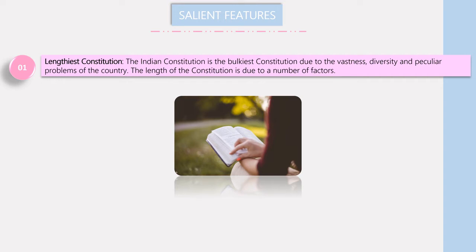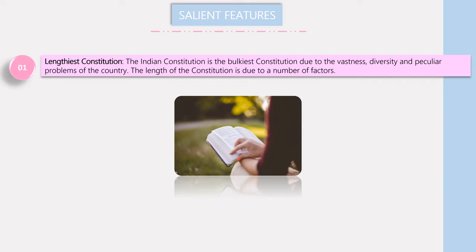Ninth, the Constitution cannot be static. It has to change with the changing times. So, Part 20 provides procedure for the amendment of the Constitution.